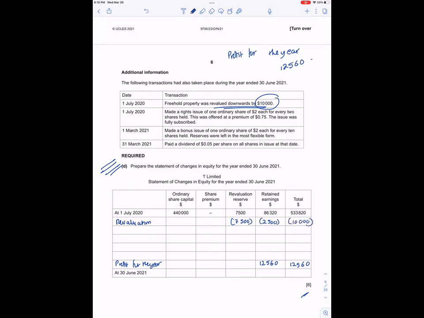Are you all with me? Yes, I can understand. Freehold property was revalued downward by 10,000. That means I have a loss of 10,000. Yes, sir. So I will have to use my earlier reserves to wipe off this 10,000 loss. Freehold property is reducing, so I will say freehold property is credit.